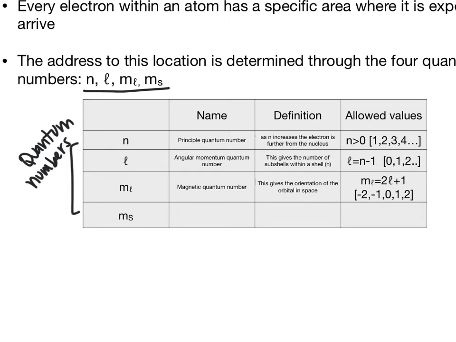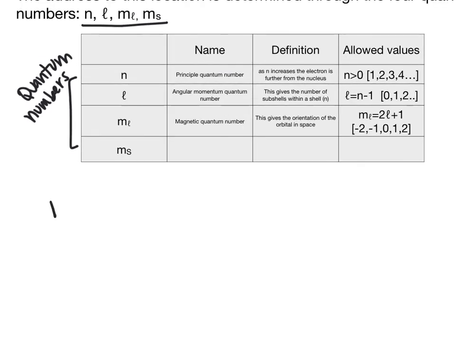In the next several slides, we're going to talk about each one individually. One of the first things that Schrödinger noted is that his equations determined that there were allowed values for n. So n really can equal any number from 1, 2, 3, all the way up to infinity. This is one of the first things he solved.